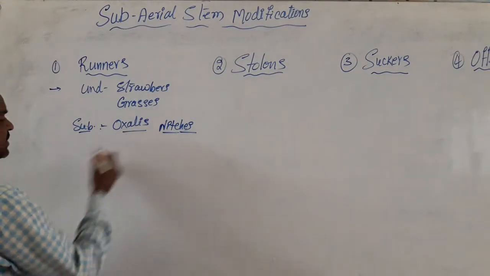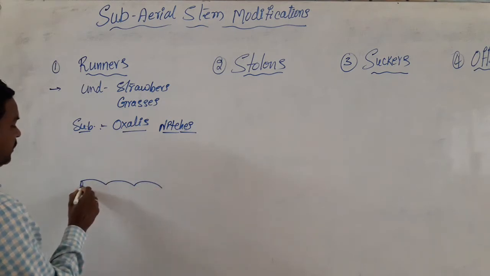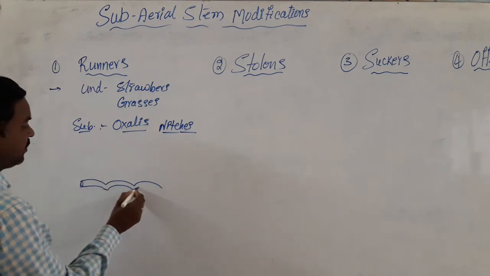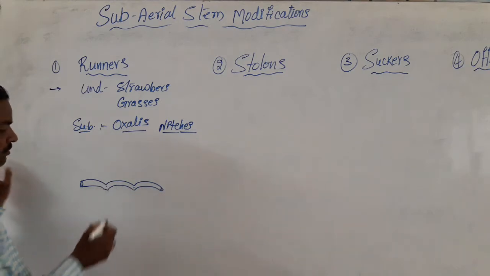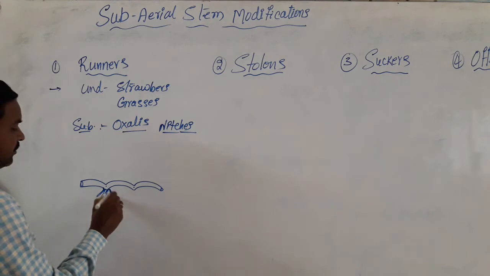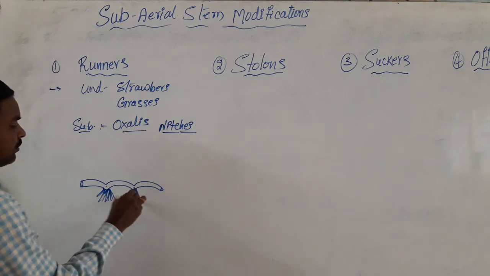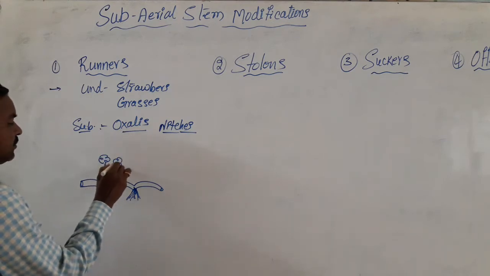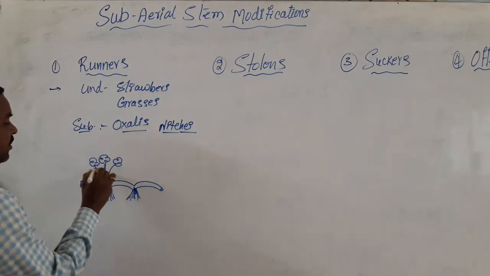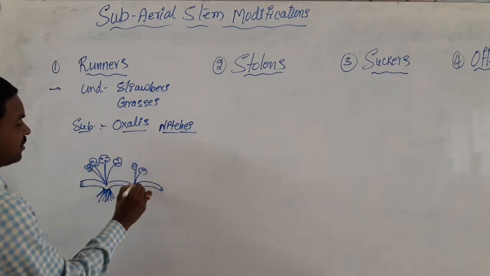For example, in case of oxalis, this is the stem. The stem is a creeper, and you will notice it is rooted into the soil like this. This node also produces some leaves opposite to the root system like this.